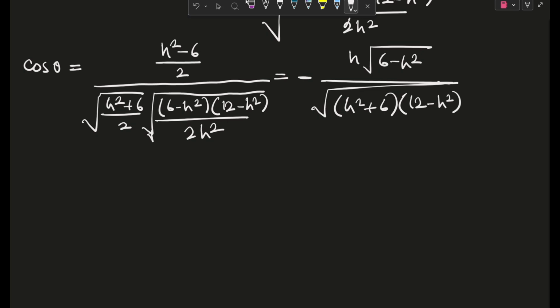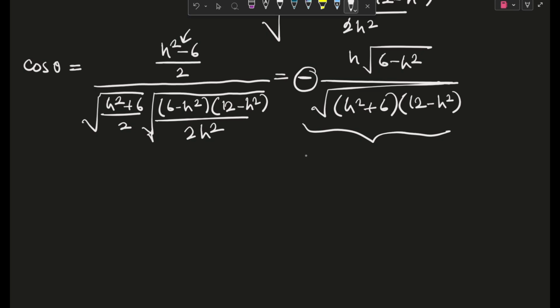And I hope you can understand where this minus came from, because I flipped this. Okay. To cancel 6 minus H square. So guys, this is our final cosine theta value.